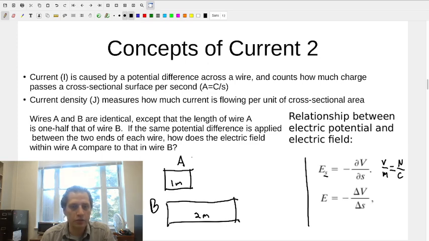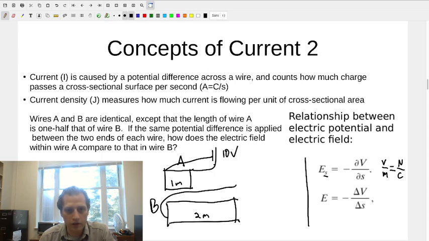Here, let's say that we have a 10 volt voltage difference from some battery. And here, let's again consider that we have a 10 volt voltage difference from the battery. Now, what would the electric field within that wire look like?